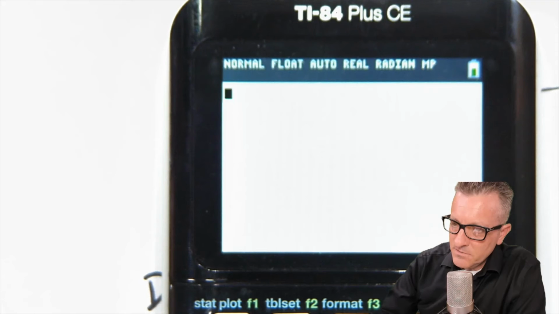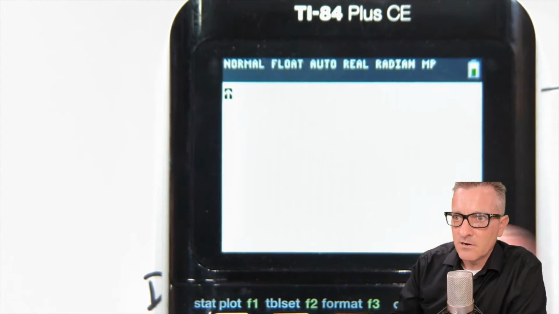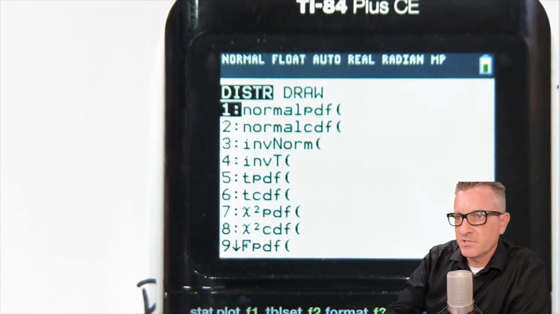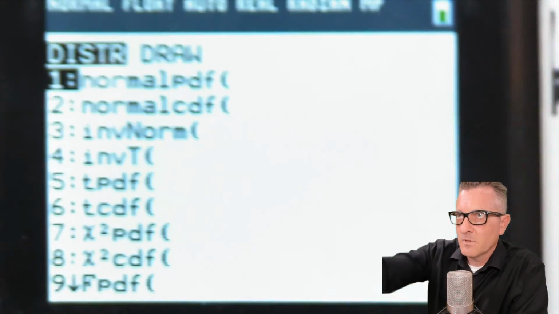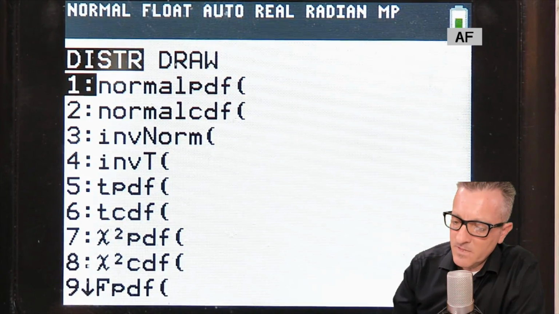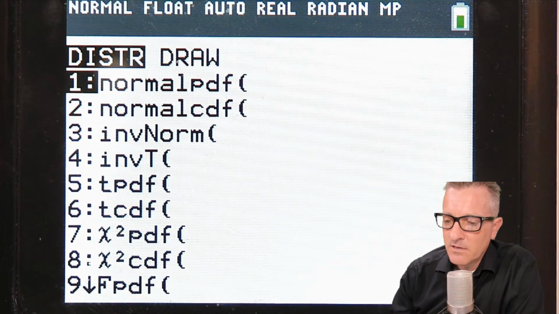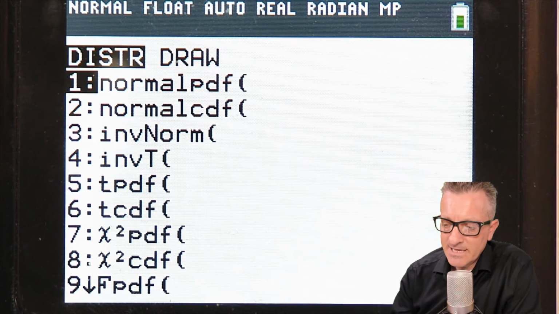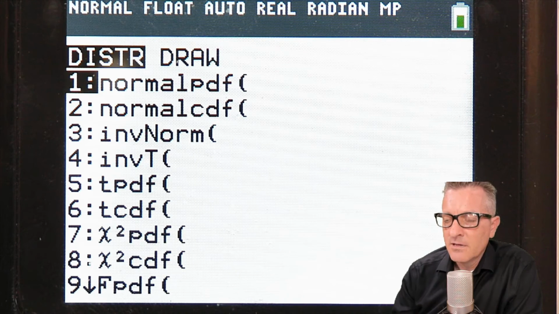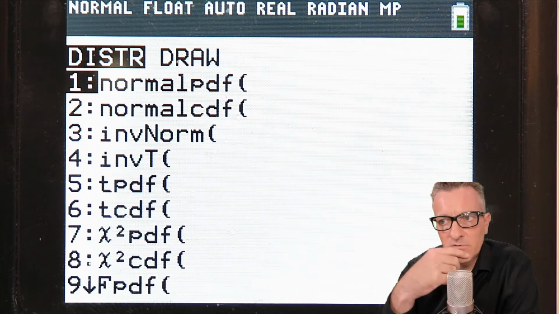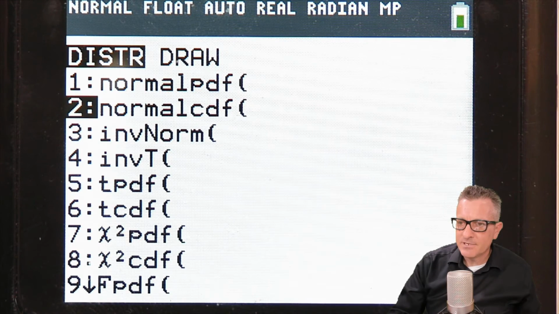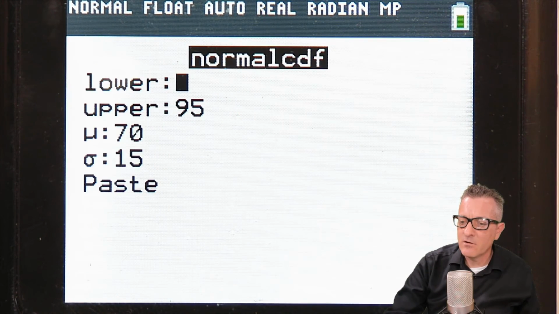I'm going to do second DISTR, and I'm going to zoom in, because when I zoom in, the exposure will be more correct. Then we always do normalcdf in this case. So I'm going to hit enter.